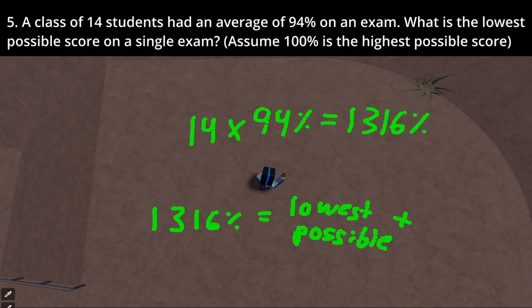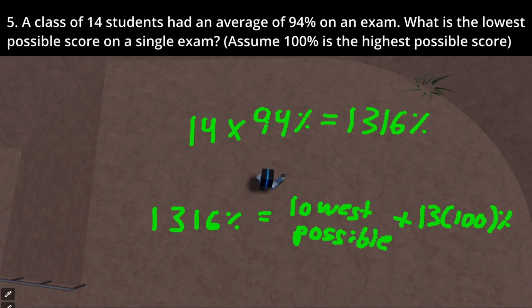Because think about it, for one student to have the lowest possible score, everybody else should have the highest score such that they can raise the average up to a 94. So let's assume that those other 13 students got 100%. So 13 times 100%. And then this will allow us to calculate what the lowest possible score is. Since the other 13 students got 100% on the test, they bring the average up, allowing the student to get the worst score possible.